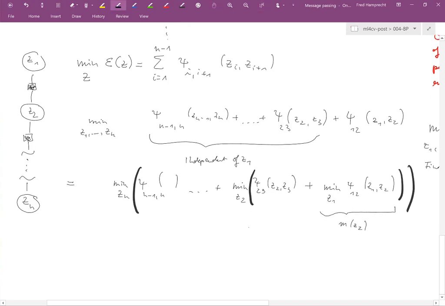And here I get a function of Z3, and I'm also using indices of these functions to say that this is a message from 1 to 2, this is a message from 2 to 3, and so on.